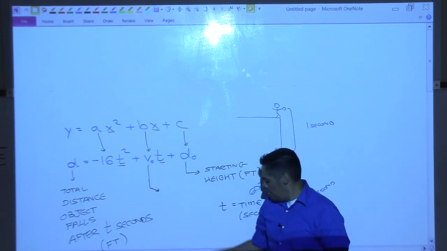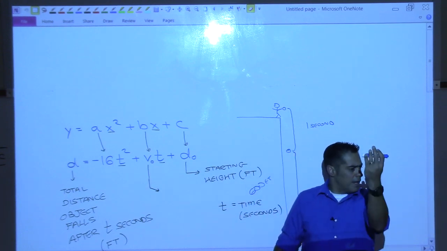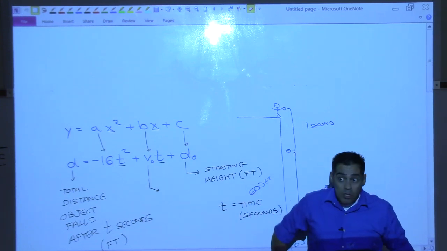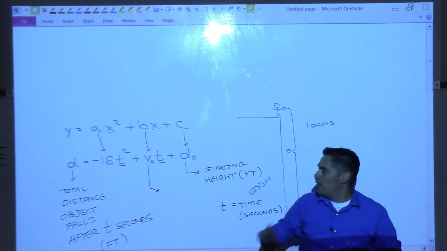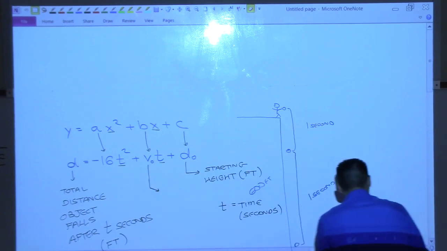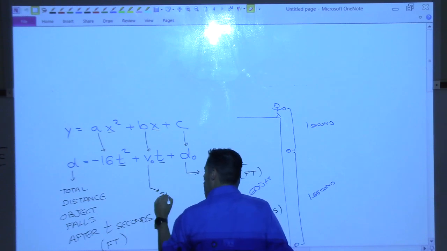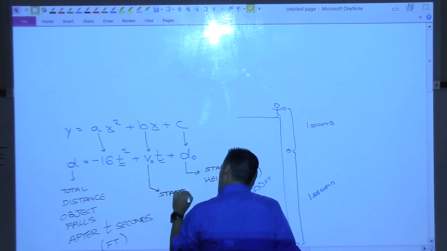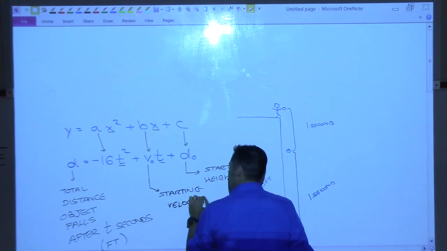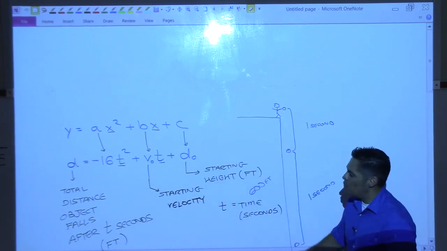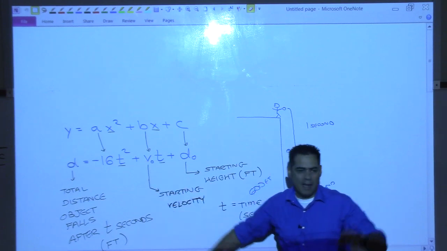This right here accounts for the throwing up or the down. Like if you shoot a bullet up into the air, you're giving it some starting, not distance, but starting velocity. This is your starting velocity. So can somebody tell me what this number would be if I just drop a rock?